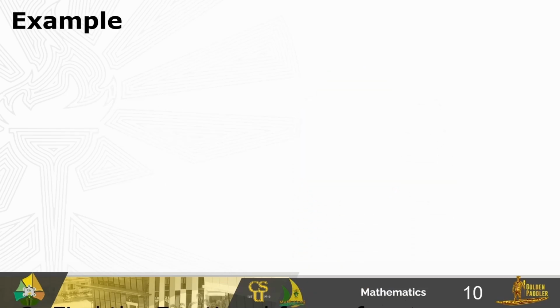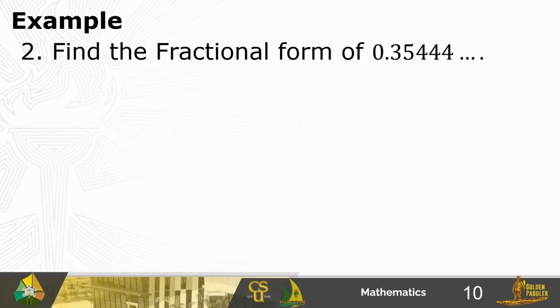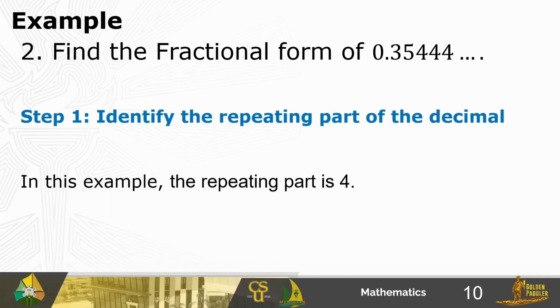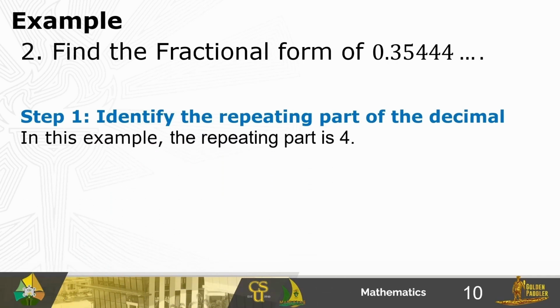For number 2, how about this example? Find the fractional form of 0.35444... Can you guess now what the repeating part of this example is? That's correct, the repeating part is 4.